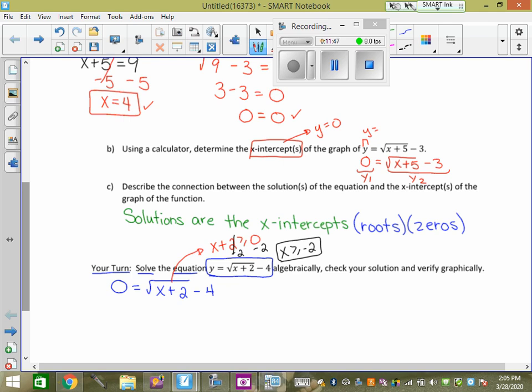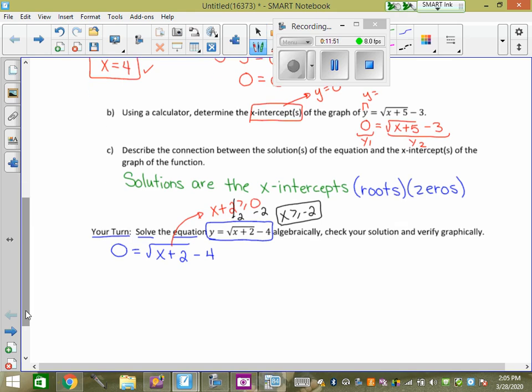All right. So first step, domain, we did it. X has to be greater than or equal to negative 2, or you're going to get a negative under your square root. So that's my domain. I'm going to write it up. Now, next step, isolate the radical, get it by itself.